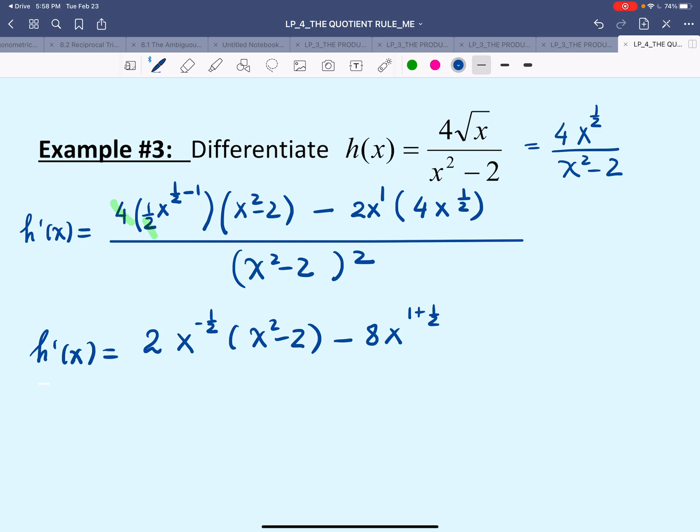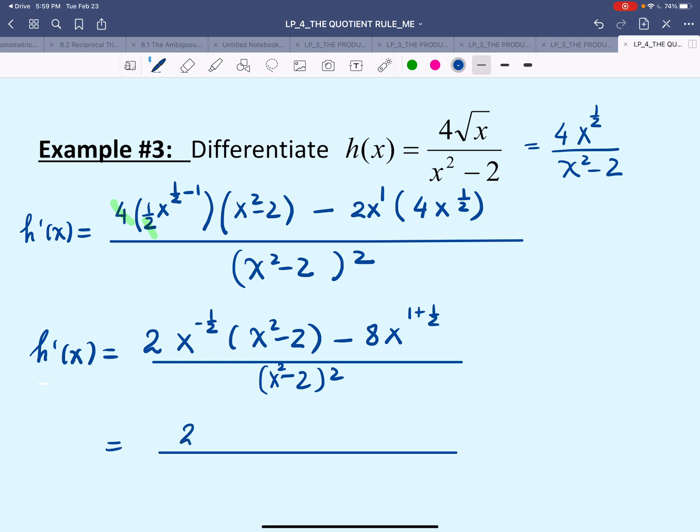And this is all going to be over x squared minus 2 squared equals. A little bit more simplifying to do in here. So we have 2x to the negative half, x squared minus 2, minus 8x to the power of 3 over 2, over x squared minus 2 to the power 2.